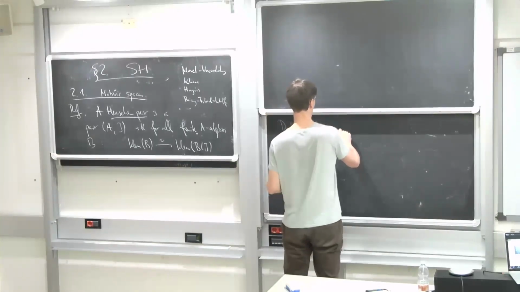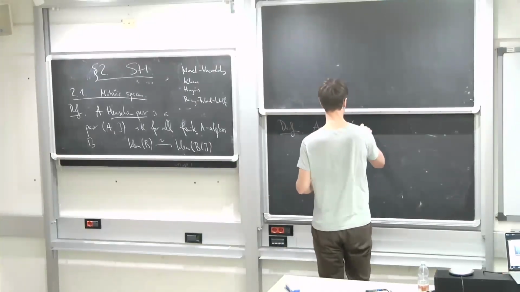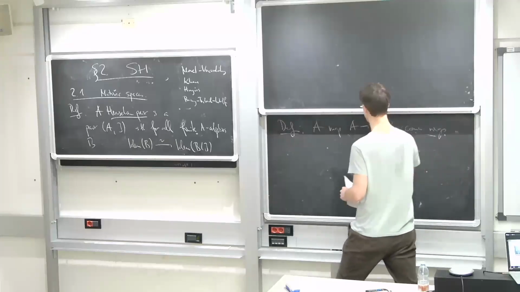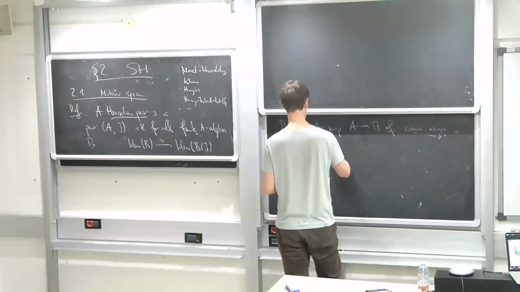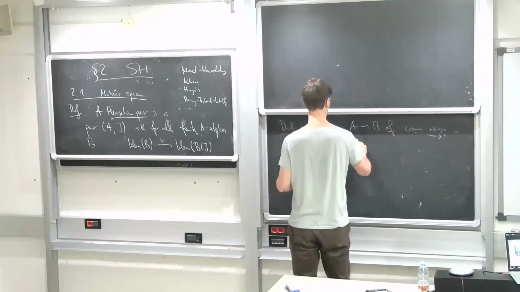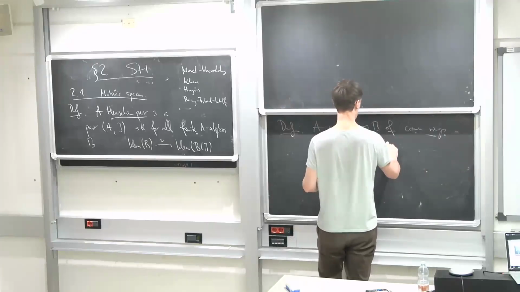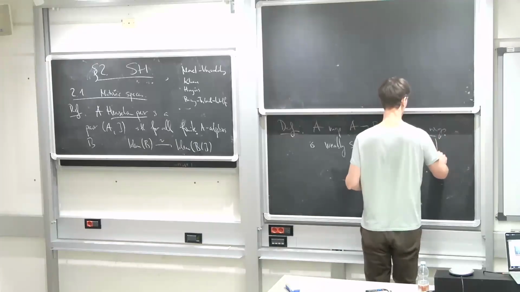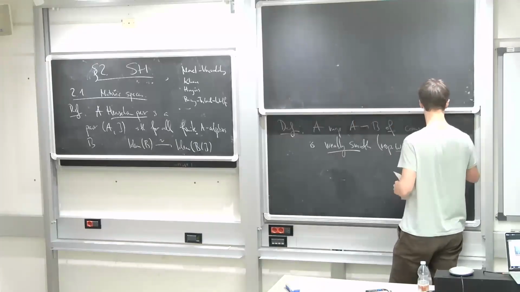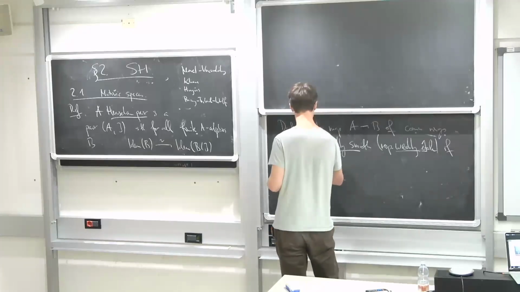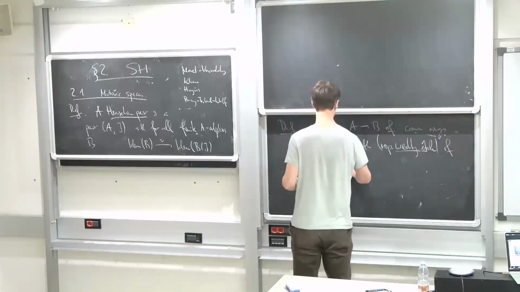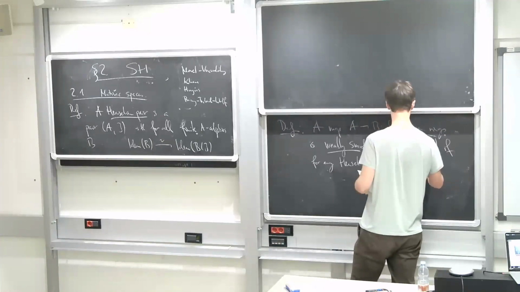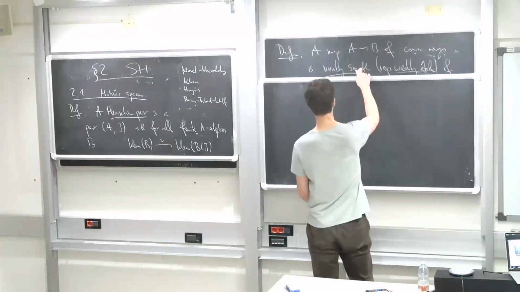A map, let's say A to B, of commutative rings is called weakly smooth, respectively weakly étale, if the following is true: for any Henselian pair (C, I), we have the following lifting condition.